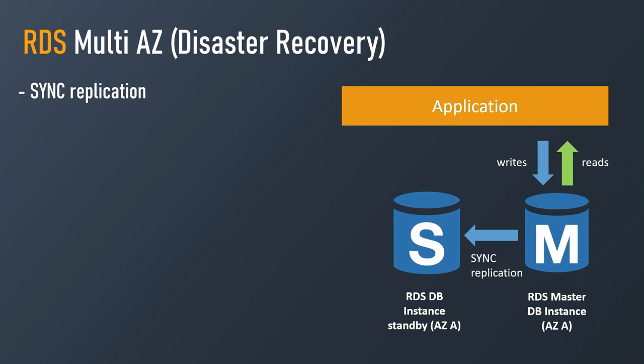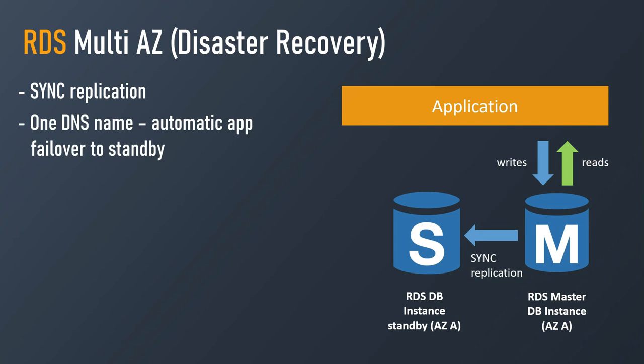So that means that when your application writes to the master, the change needs to also be replicated to the standby to be accepted. And so what we get out of it is one DNS name.